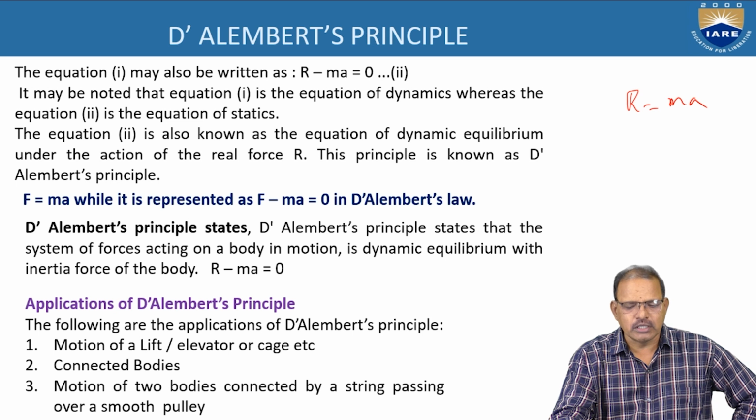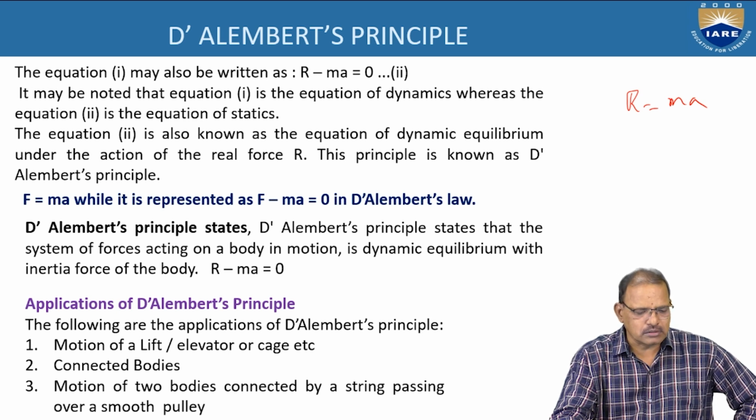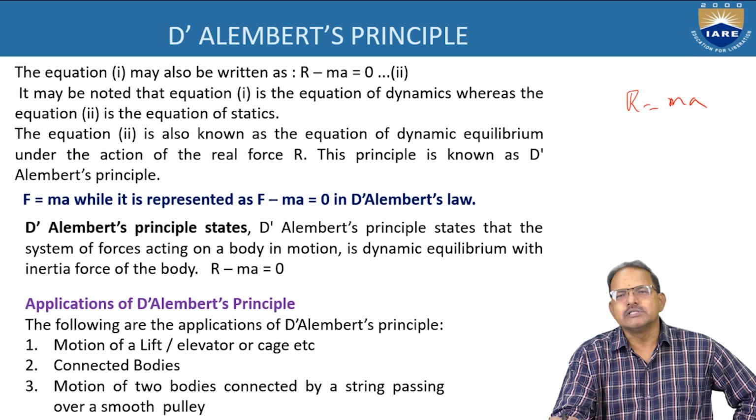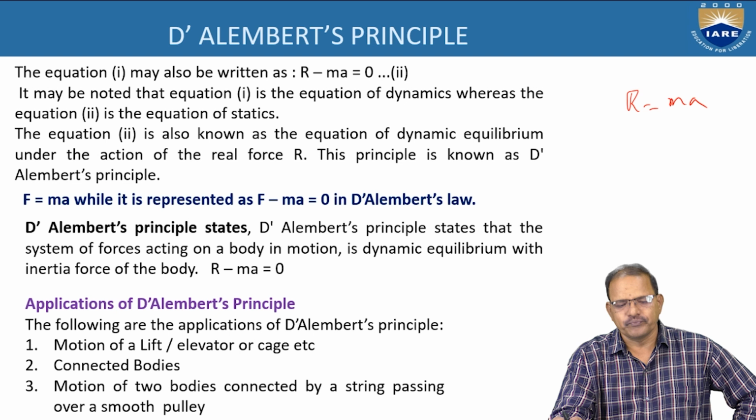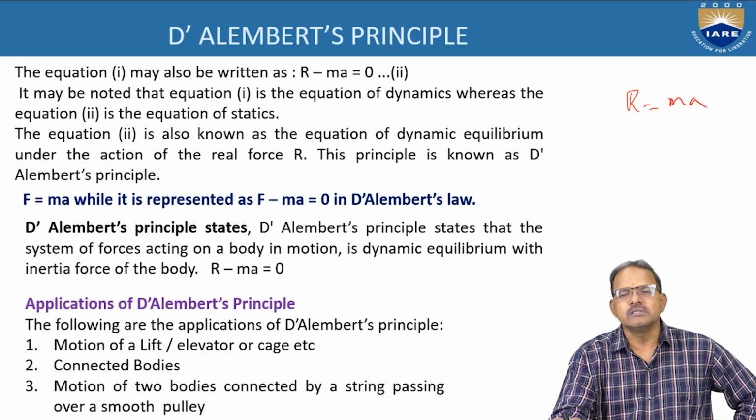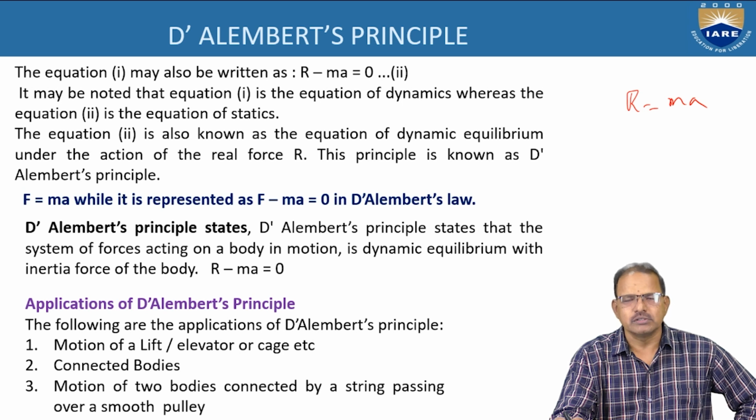Hence, this equation can be stated as follows. When a system of forces is acting on the body, it is always in equilibrium with the inertia force. That is, minus ma is treated as the inertia force.